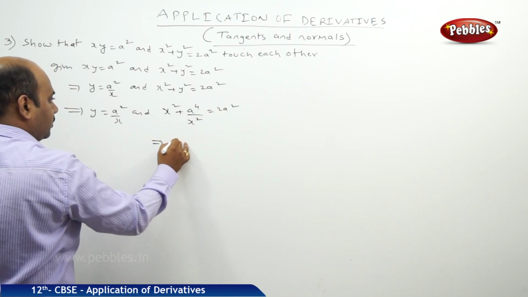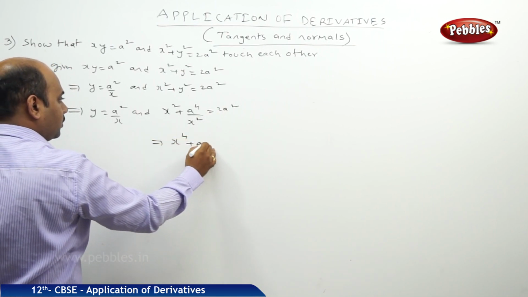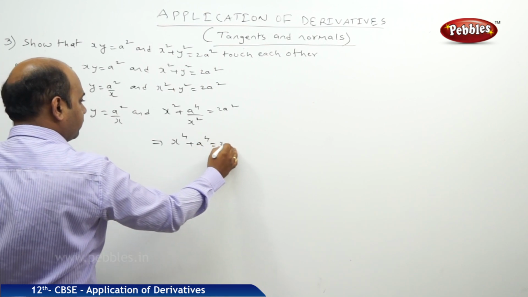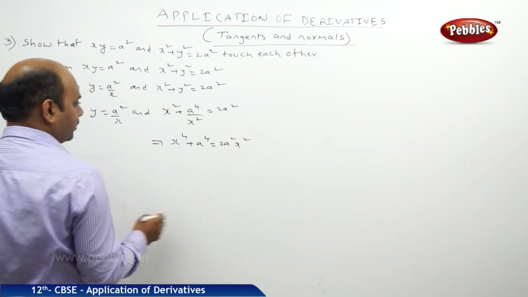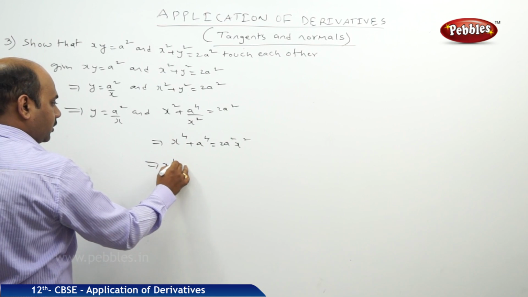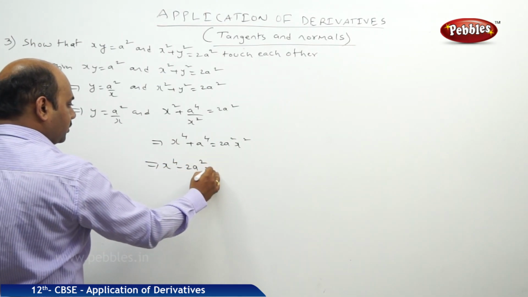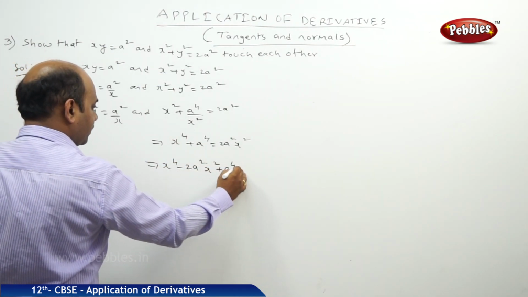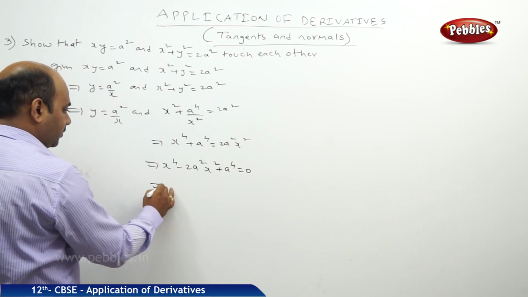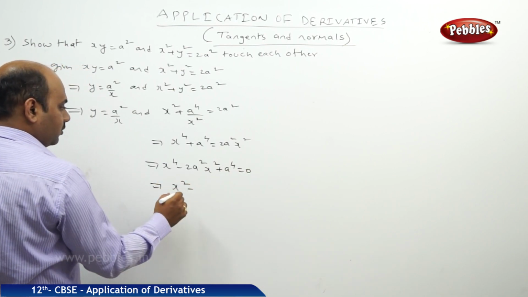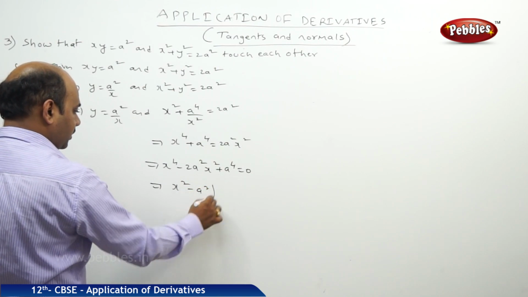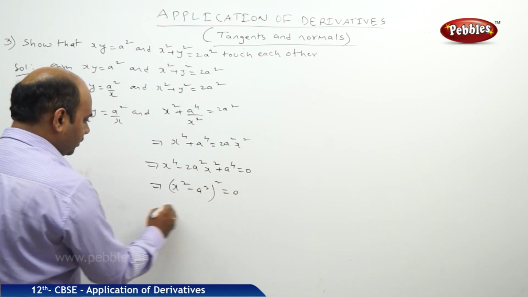I will try to solve this. So x power 4 plus a power 4 is equal to 2a square x square. So x power 4 minus 2a square x square plus a power 4 is equal to 0. So this turns into (x square minus a square) whole square equal to 0.